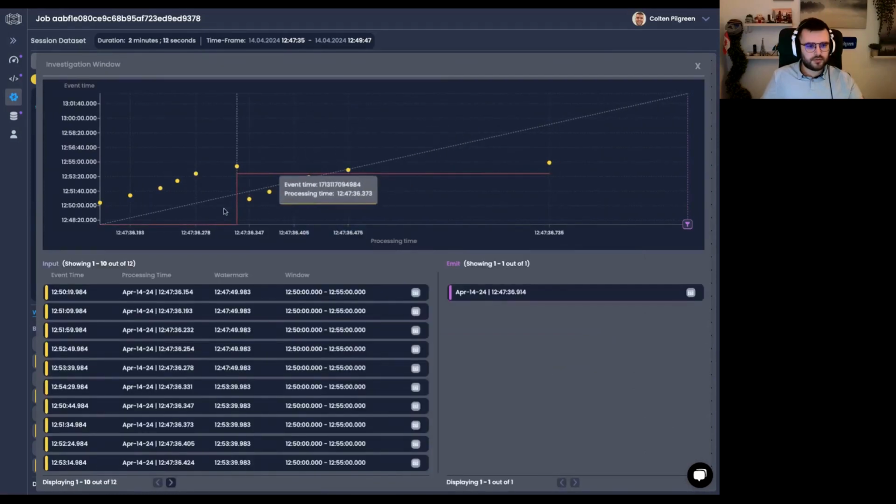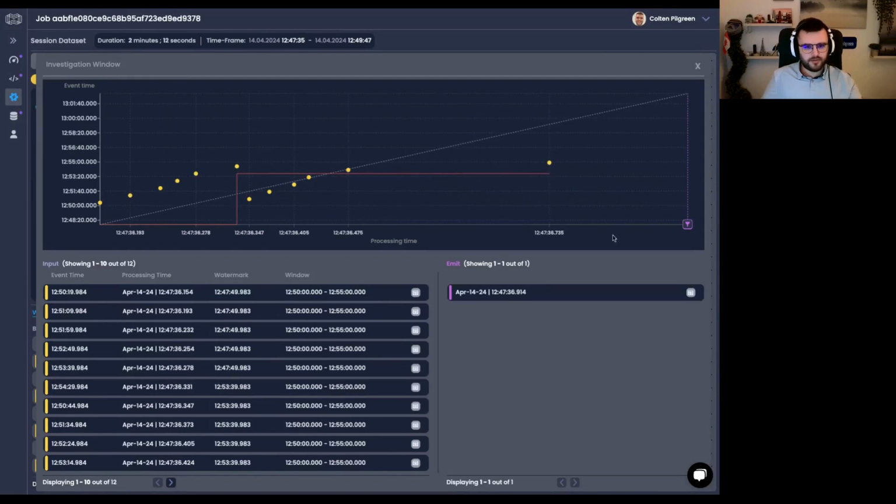Ooh, yeah, so this is bad. So as you can see here, we have our red, which is our watermark, and we can see our data might be out of order because we start going up and then it jumps back down and then starts going back up again as we get higher in our processing time.